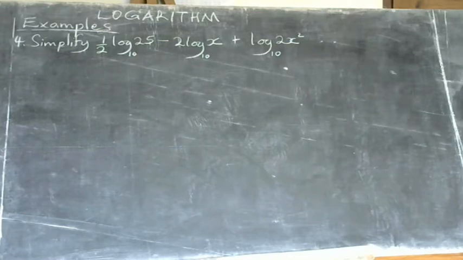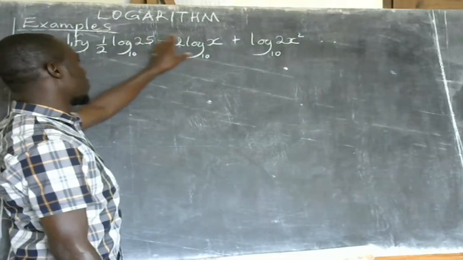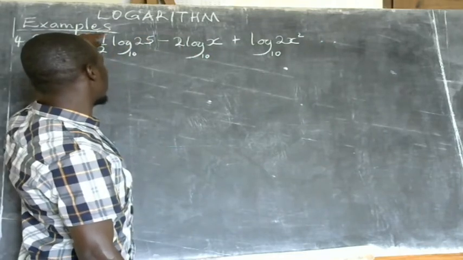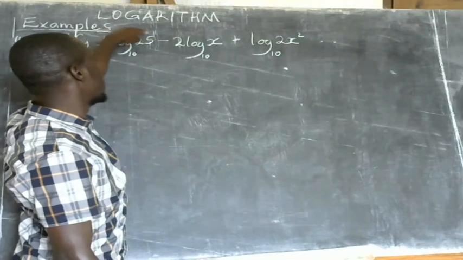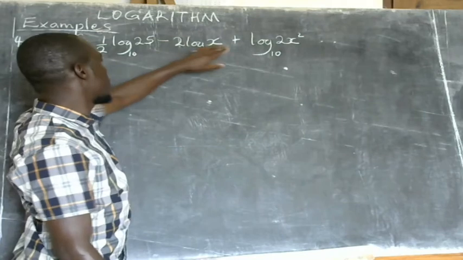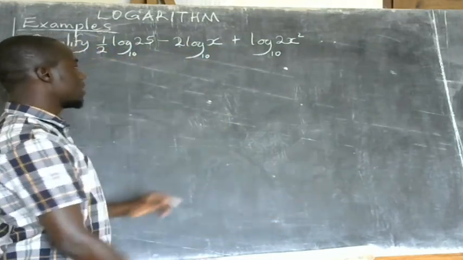Example 4, simplify the whole of that expression. Our aim is to write the whole of this as a single log, so we're going to begin by taking back these values that are here. We take them back. Even that one, we take it back. So when there is nothing like that there, then we can write it as a single log.